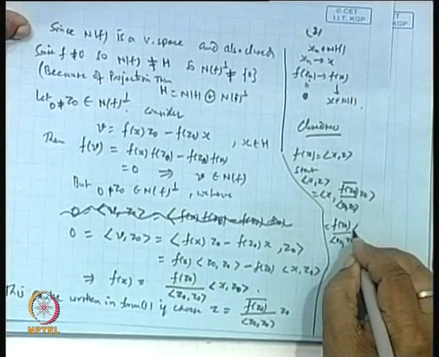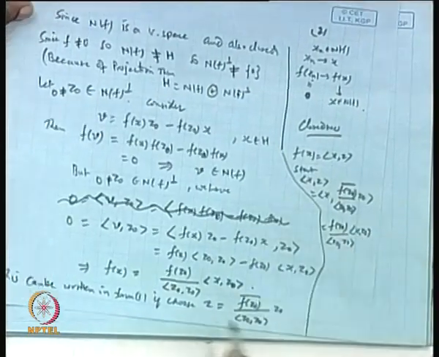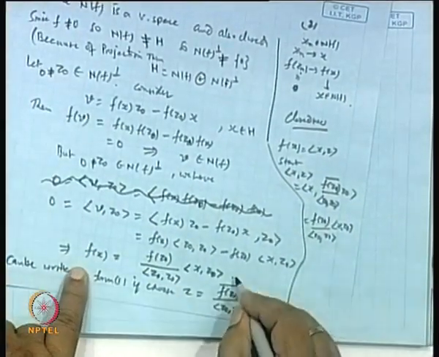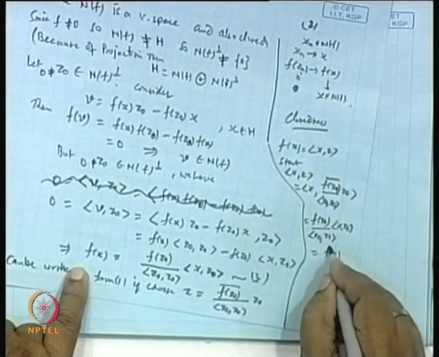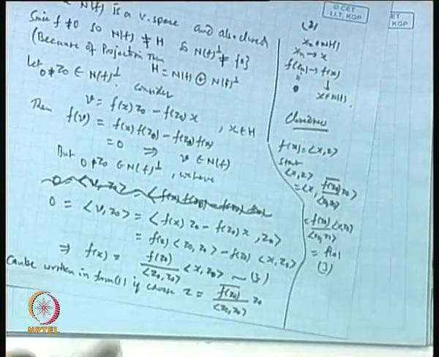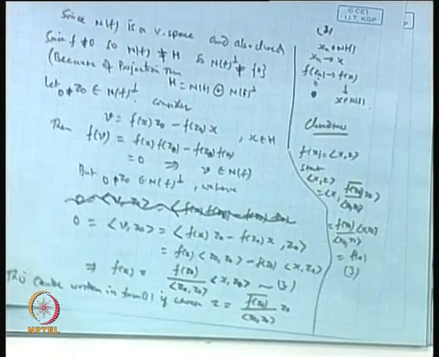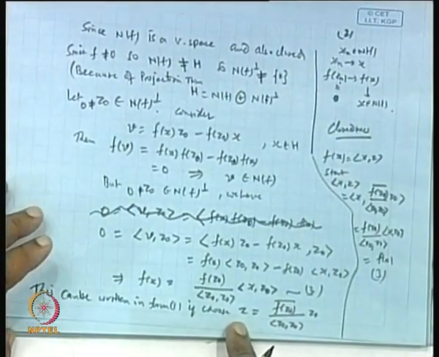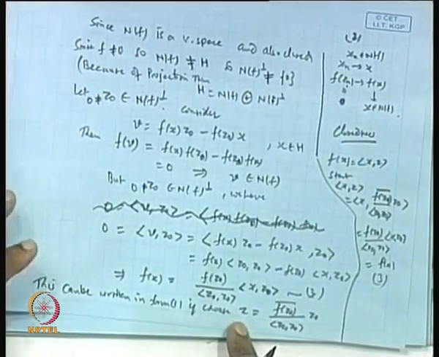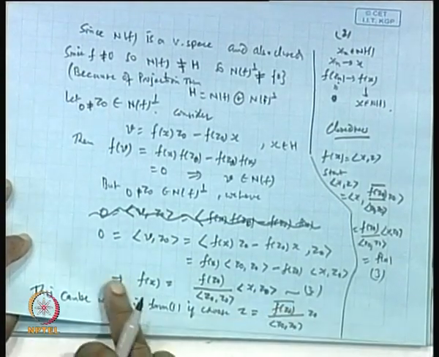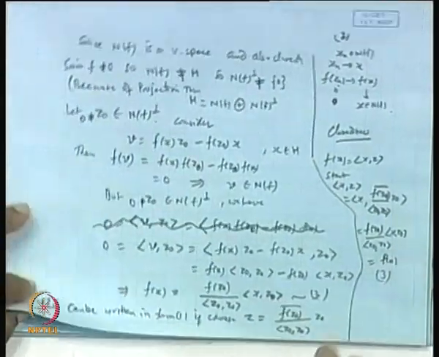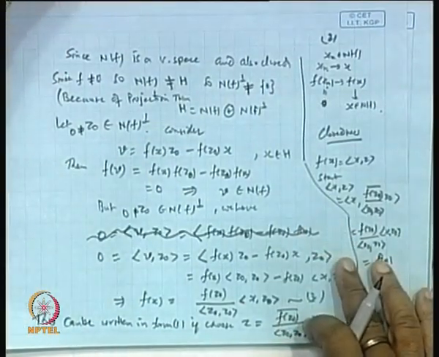And then the inner product of x z0. Is it not this one which coincides with our 3? So we have proved that corresponding to each bounded linear functional f, we can find a z depending on f, and f(x) can be expressed in this form, the inner product of x z.